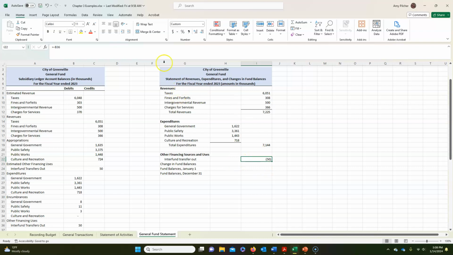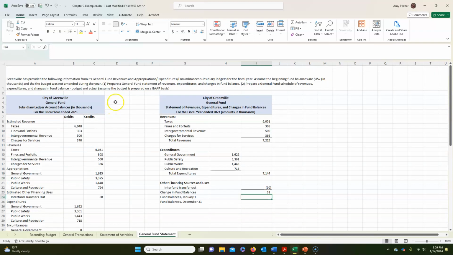Then we have our changes in our fund balances. So revenues minus expenditures, what is the full change? So we have that there was a change in our fund balance of $31. Then we're going to look at what was the fund on the first of the year, and then what is our fund now with this increase. It's $31,000 because our amounts are in thousands.